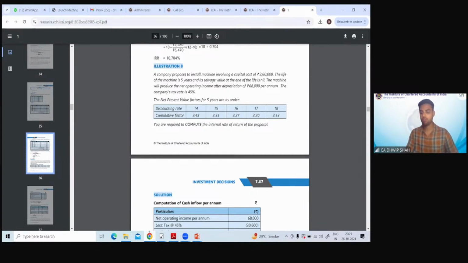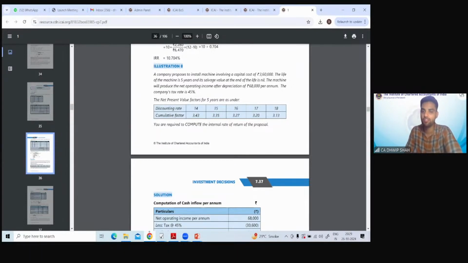So your trial one should start from 14% because the question has given you the hint. Next trial can be at 15%. Next and third trial can be at 16%. So you are free to use any trial. Someone may take trial one at 14, someone may take trial two at 17.